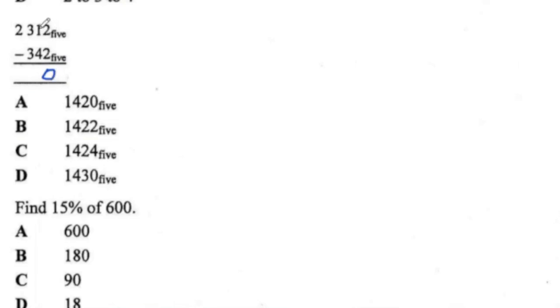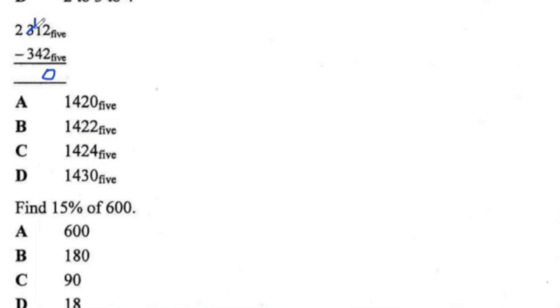Then we come here, we have 1 minus 4. So we are going to borrow 1 from 3. When you borrow 1 from 3, we are borrowing 5, so it's going to be 6. Now 6 in base 5 is 11, so it's going to be 11 like this.